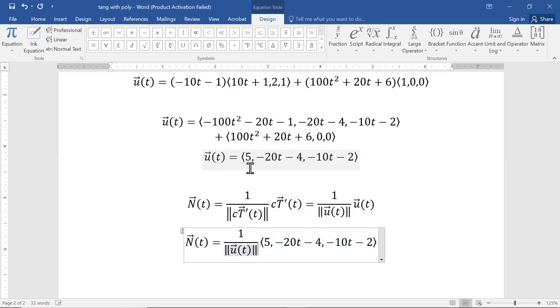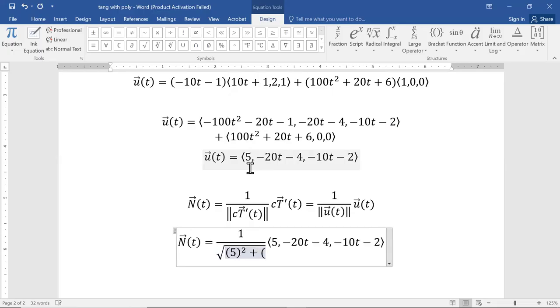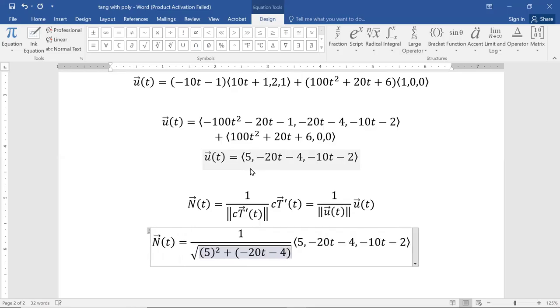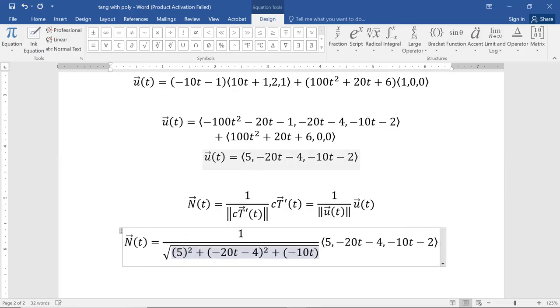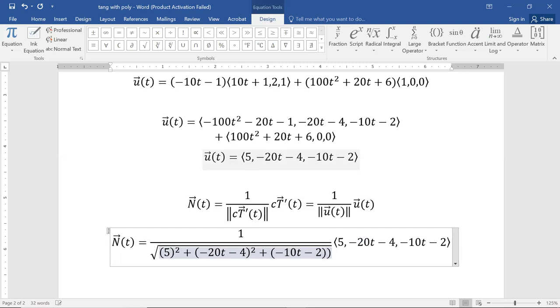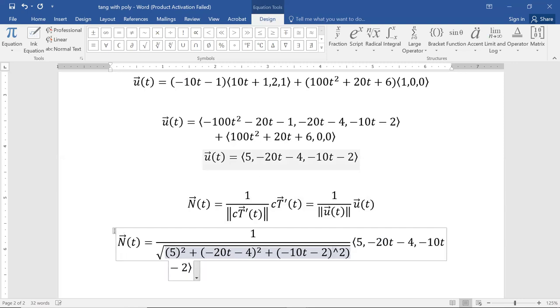And then the length of that vector is going to be the square root of 5 squared plus negative 20t minus 4 squared plus negative 10t minus 2 squared.